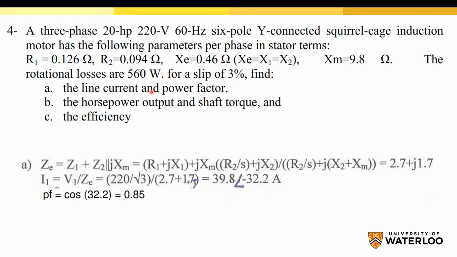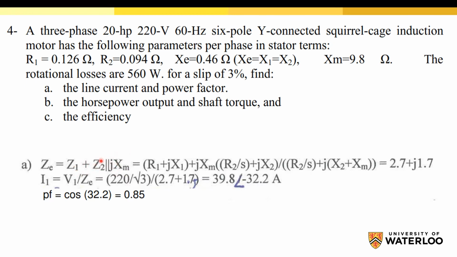In this question we have an induction motor, and the voltage here is the terminal voltage or the supply voltage for this motor. So from the equivalent circuit, we can calculate the equivalent impedance. So we will have the impedance for the primary side, the impedance for the secondary, and the XM, which is the magnetization reactance between Z1 and Z2.